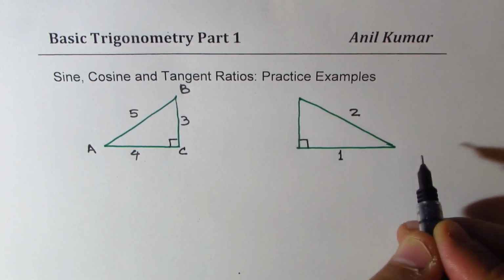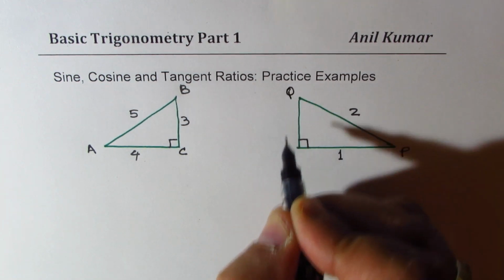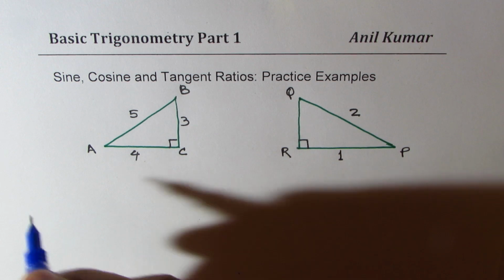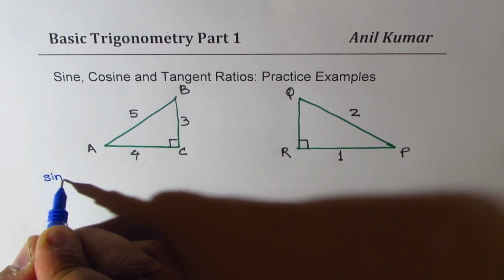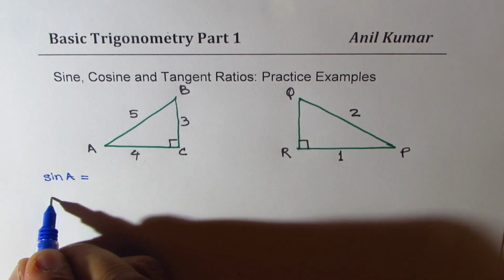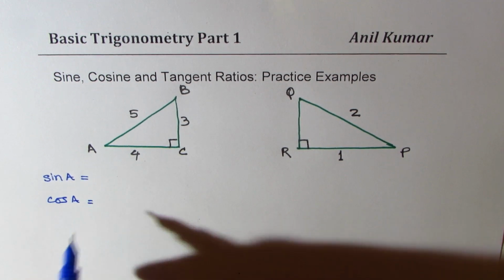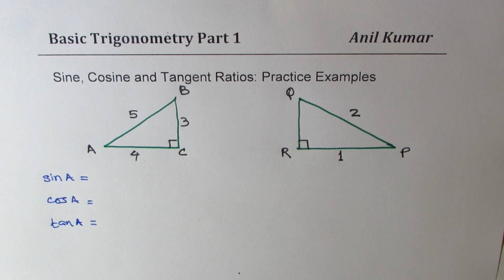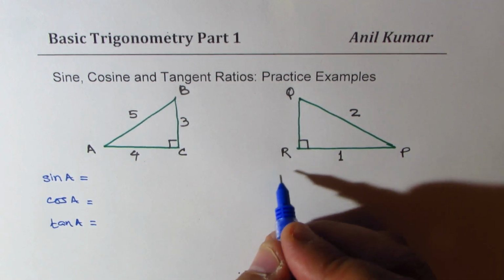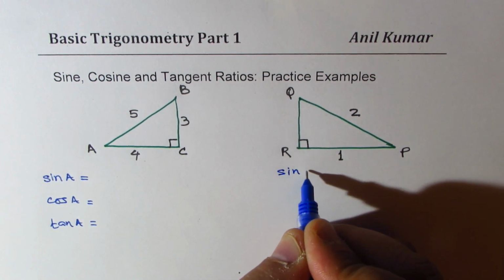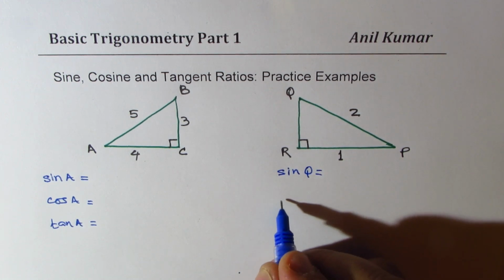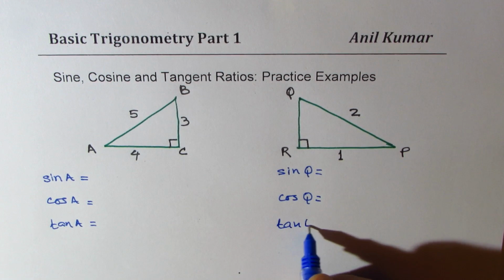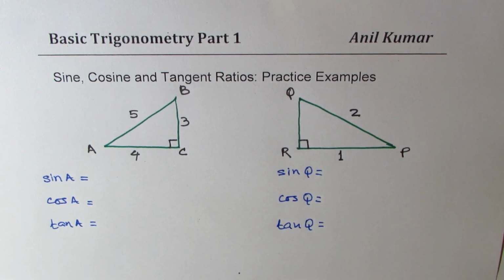Let's call these P, Q, and R. So the idea is you need to find what sine of A equals, what cos of A equals, and what tan of A equals, right? In this case, let's find what sine of Q equals, what cos of Q equals, and what tan of Q equals.